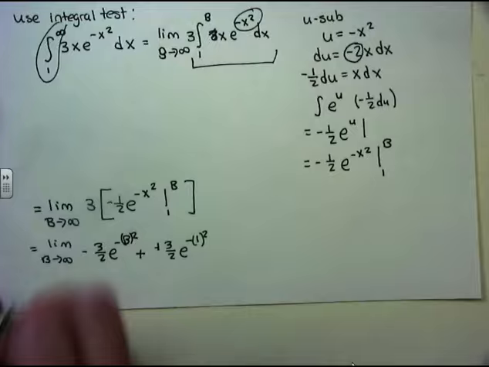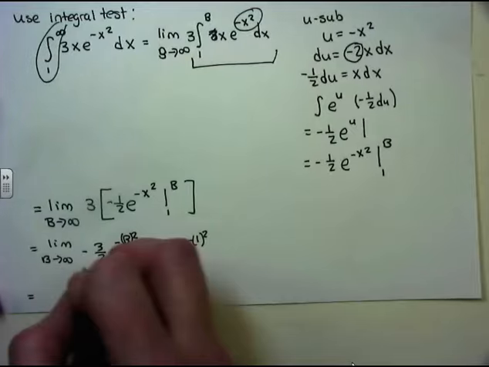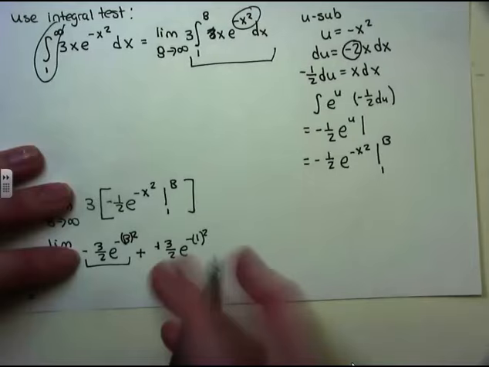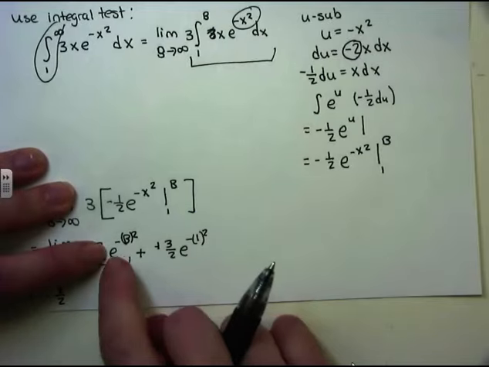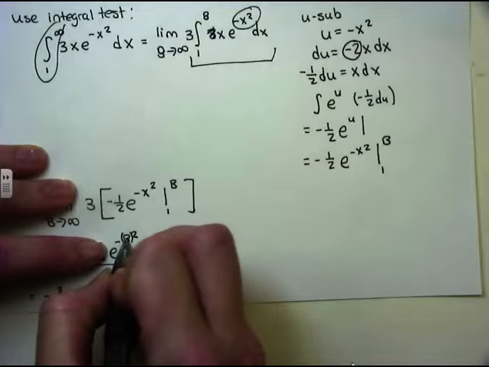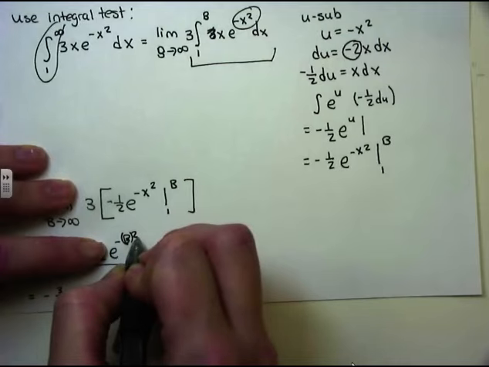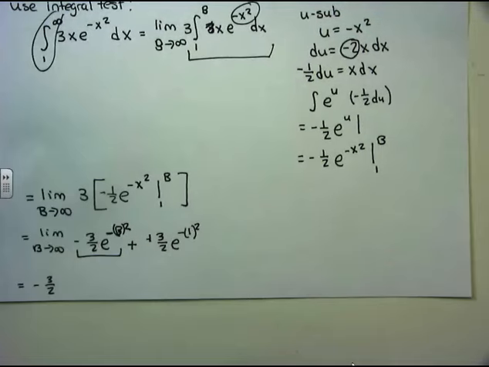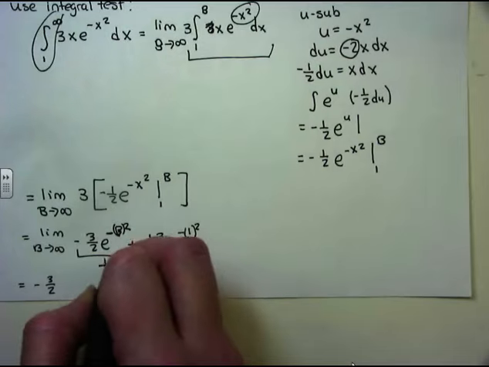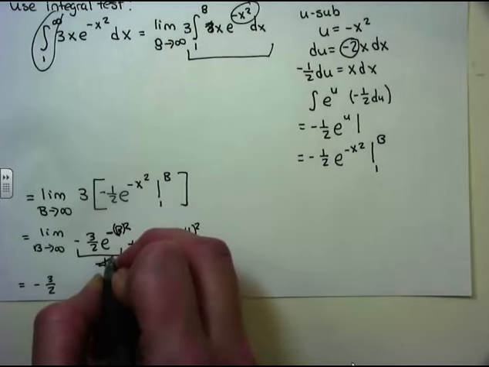If I want to talk about the limit as b goes to infinity in this first piece, notice I have a negative 3/2. What happens to the function e if I plug in an infinity? Well, I have infinity squared, so something large squared is still large, but it has a negative out front. So if you think about your graph of e to the x, it looks something like this.